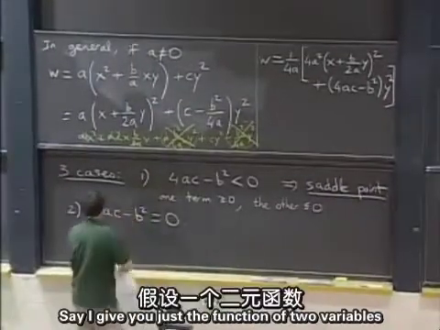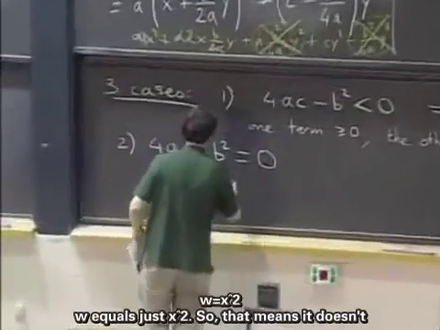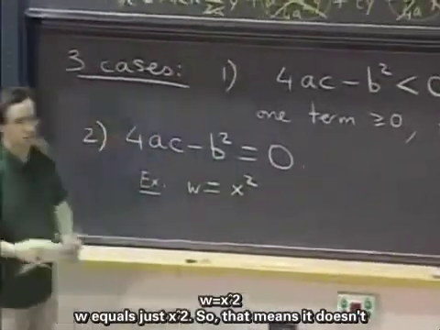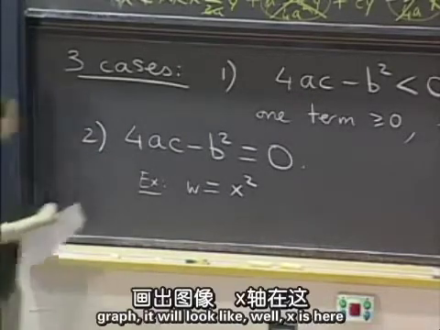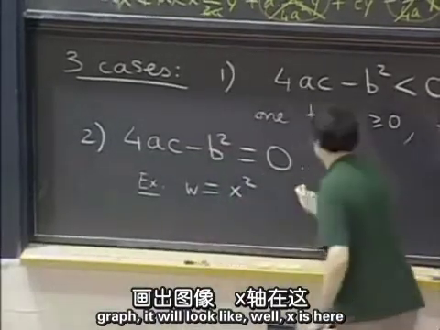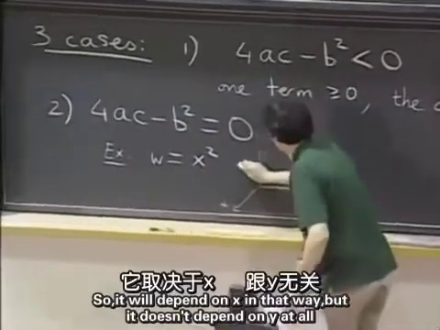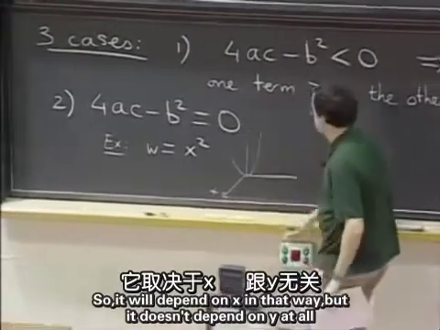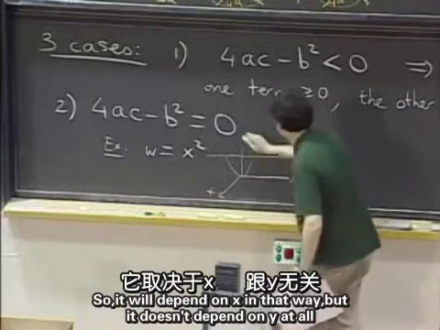Say I give you just the function of 2 variables, w equals just x squared. That means it doesn't depend on y at all. And if I try to plot the graph, x is here, so it will depend on x in that way, but it doesn't depend on y at all.